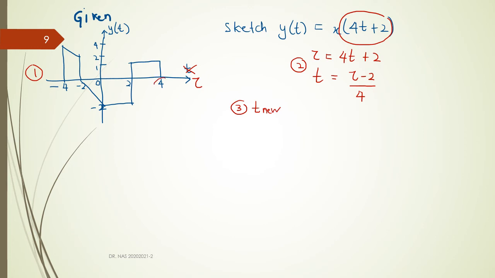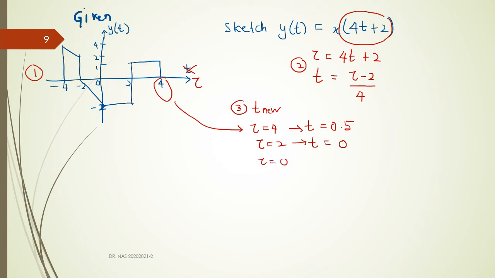When tau equals 4, your t equals 0.5. Tau equals 2, t equals 0.